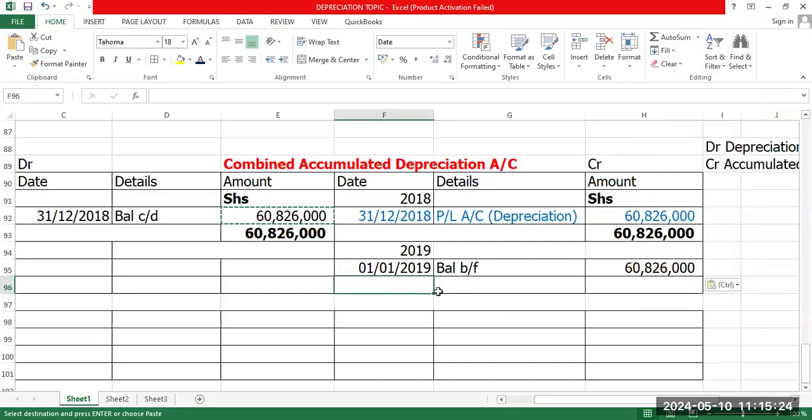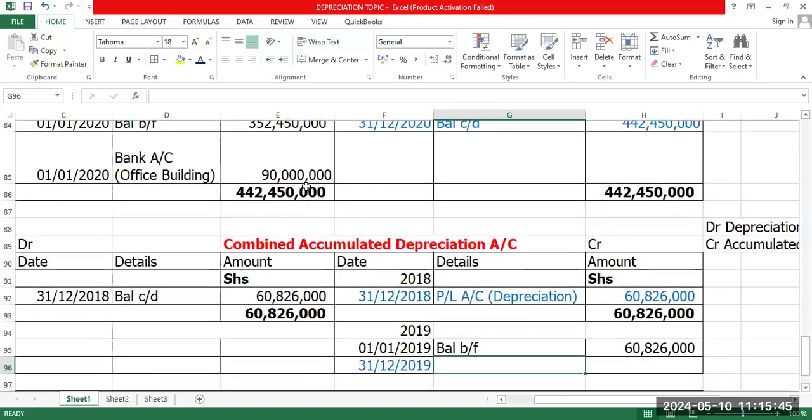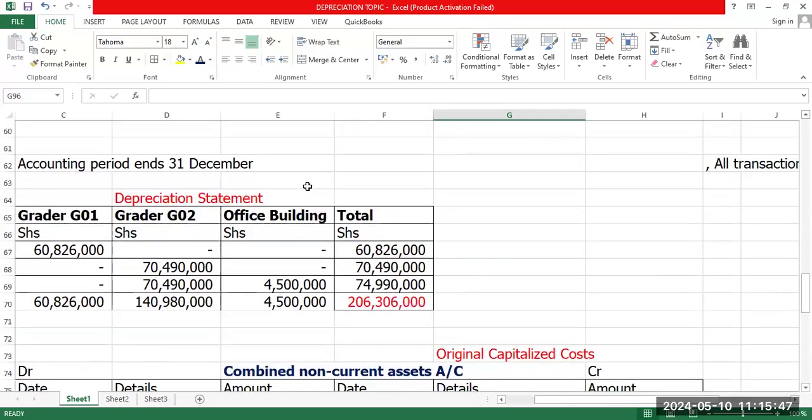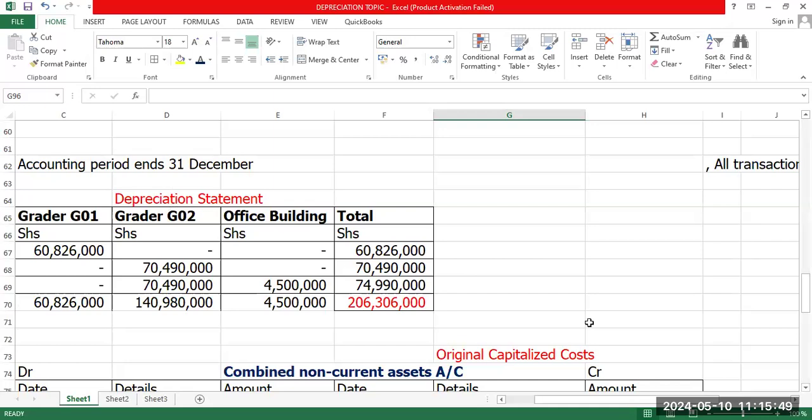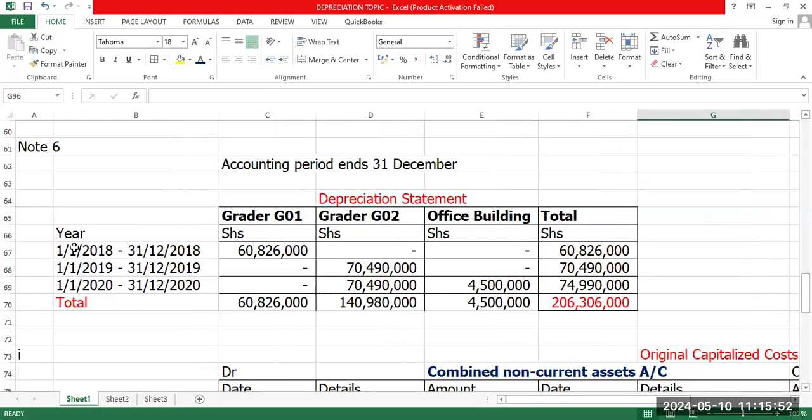Then you ask yourself, in 2019, what was the total depreciation? By 31st December 2019, what was the total depreciation in that year? You come here in your depreciation statement. This is 2019. From 1st January to this, the total depreciation is this.